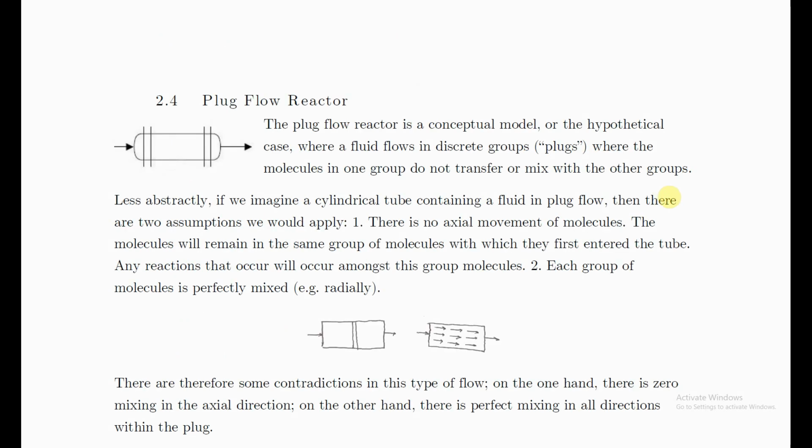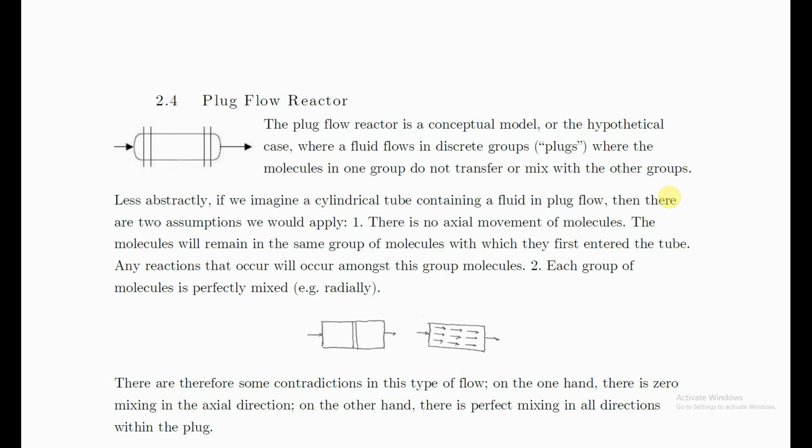Now we come to the third type of reactor, the so-called plug flow reactor. So this is a conceptual approach. It's, if you like, a hypothetical case where the molecules of your fluid are flowing in discrete groups, and the molecules in one group don't communicate with the molecules in the other group.